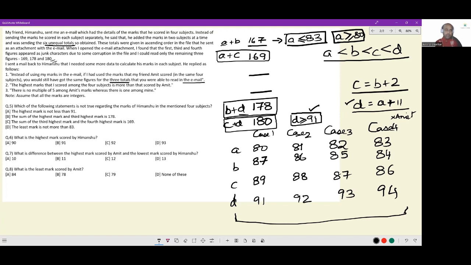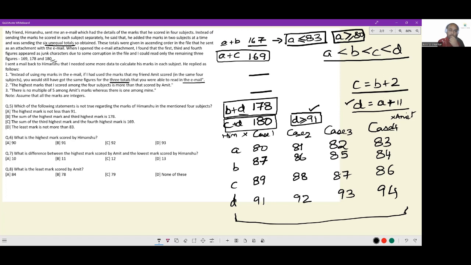Also, if case 4 cannot be Amit, can I say case 1 cannot be Himanshu? Because if this was Himanshu, his highest score will be 91 and Amit's case will necessarily be different.